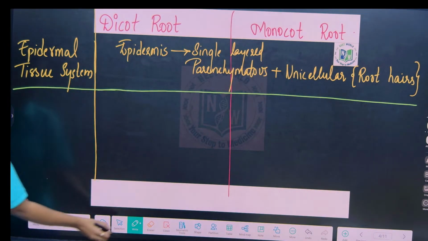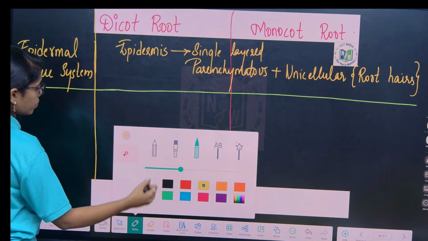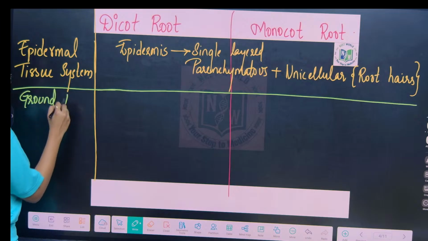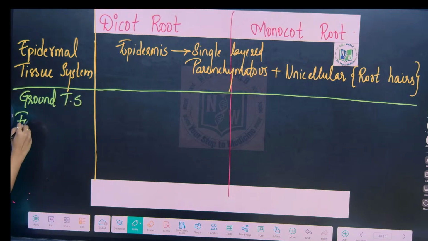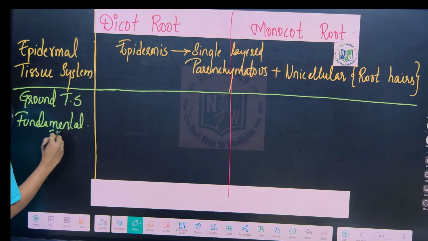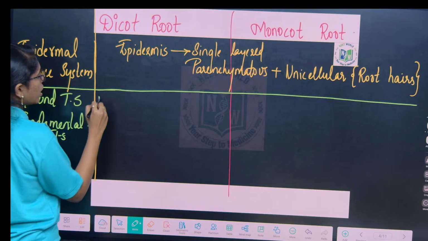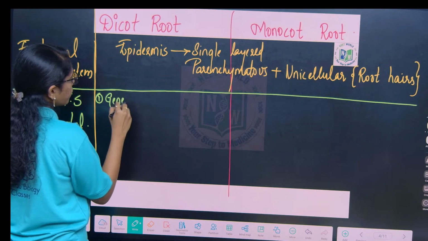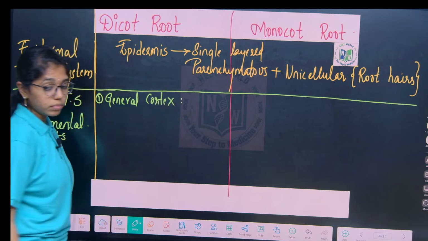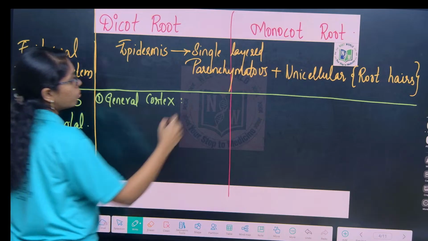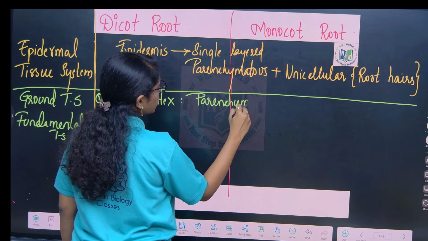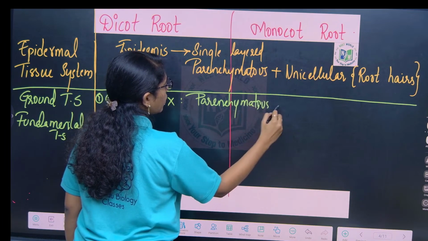Okay. Next is the ground tissue system, also called the fundamental tissue system. It includes what? First is the general cortex, parenchymatous, both in dicot and monocot it is parenchymatous, with intercellular spaces.